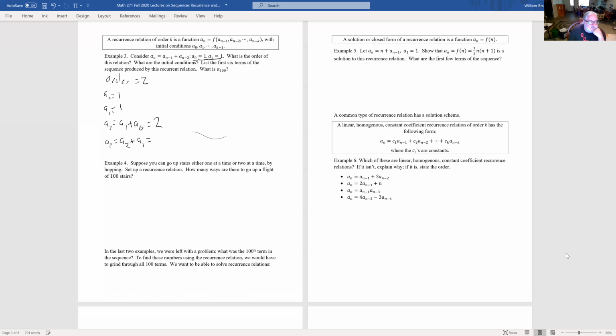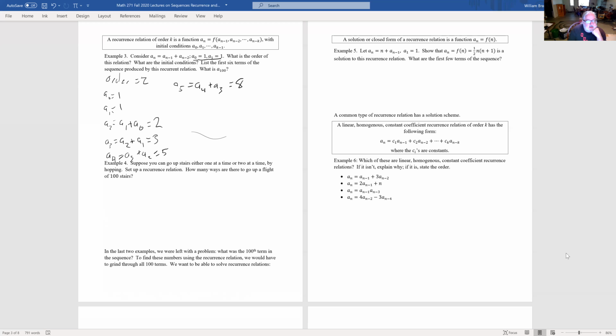So that's 2 plus 1, that's 3. A4 is A3 plus A2, which is 5. What's A5? A5 is A4 plus A3, which is 3 plus 5, which is 8. So that's the first 6 terms.